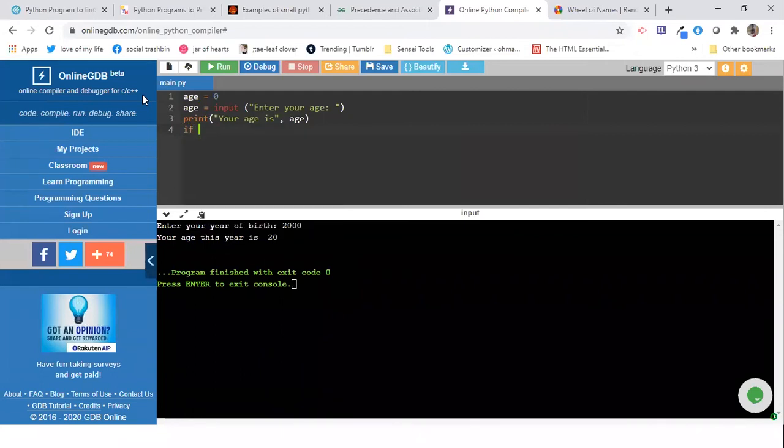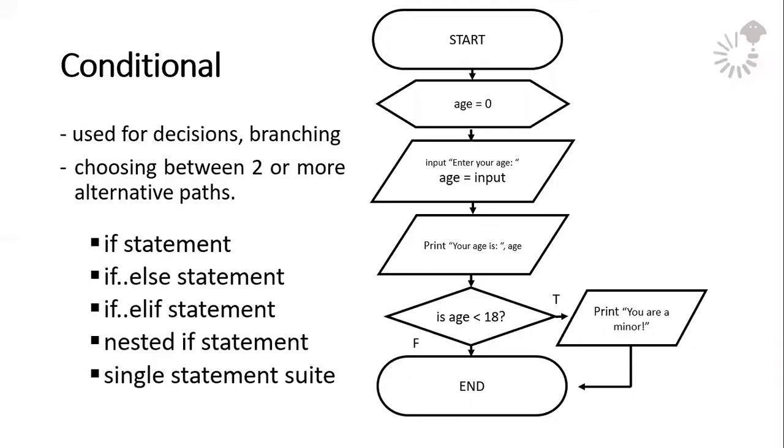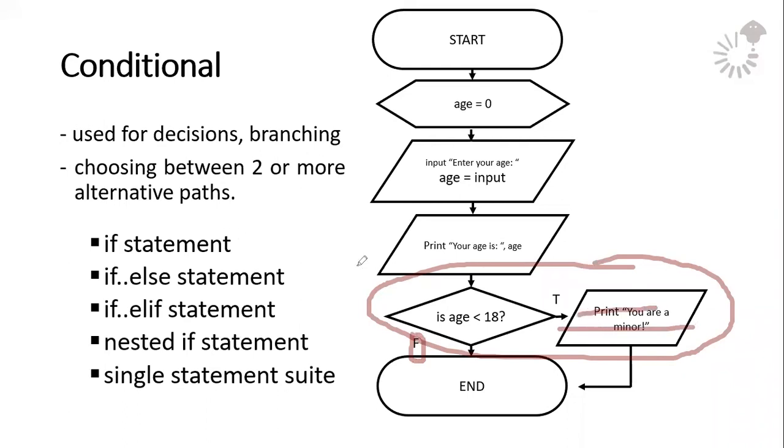So for that program, dahil isa lang yung may instruction, ito lang yung may instruction. Kapag nag-true siya, dun lang daw siya may gagawin. Pag nag-false, walang gagawin. So we only have one instruction. So for that case, you will be using if statement.